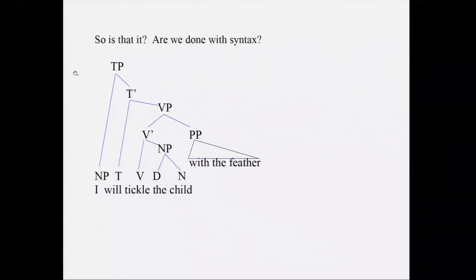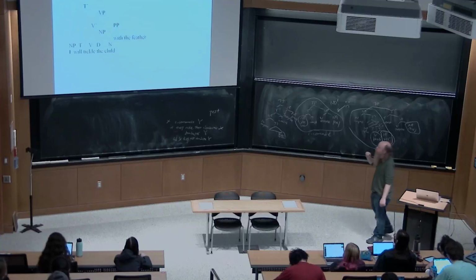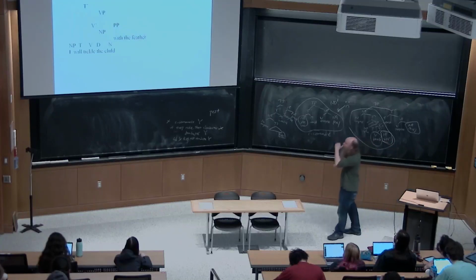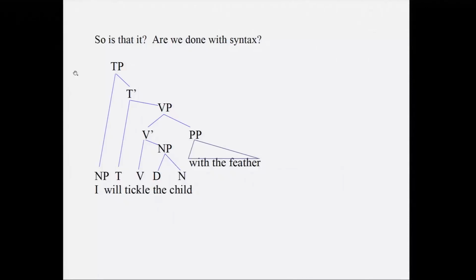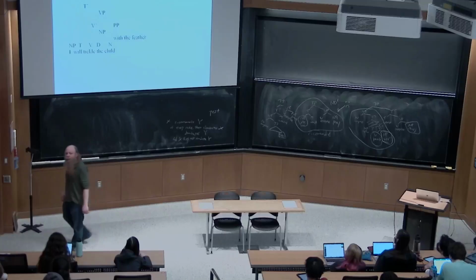Okay, so are we done with syntax? We now have this belief in selection, which is allowing us to explain why certain pairs of things are merging in the way that they are. So in this example, I will tickle the child. When we ask, why did you merge tickle together with the noun phrase the child, we now have an answer.